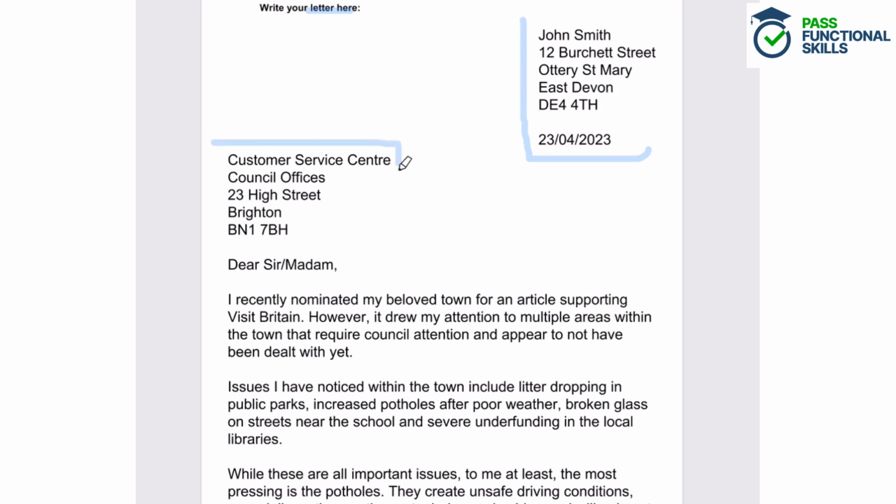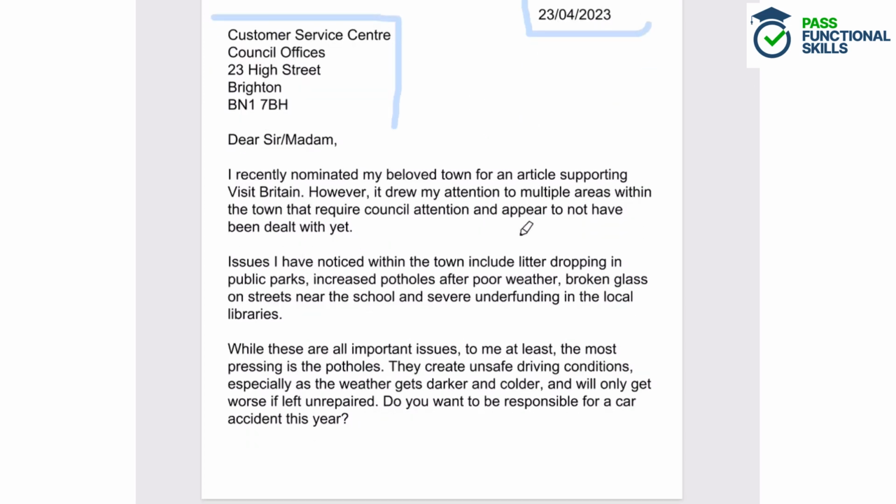And then we have the address of the recipient, so the person that is receiving the letter, and that needs to be aligned to the left and underneath the name and address of the sender and the date as well. But we'll come back to that when we get to formatting. For now, let's just read through the letter.